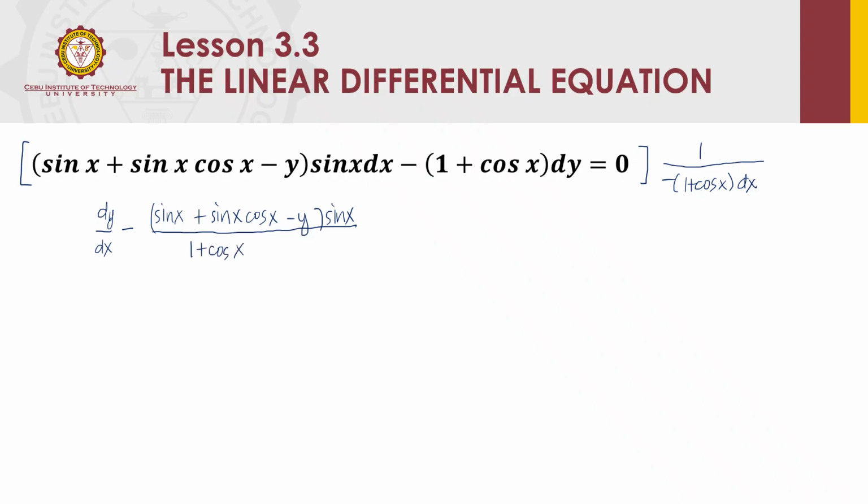The negative sign is already incorporated after multiplying it by 1 over negative of 1 plus cosine x dx. So the right side is 0. So, dividing everything by 1 plus cosine x.